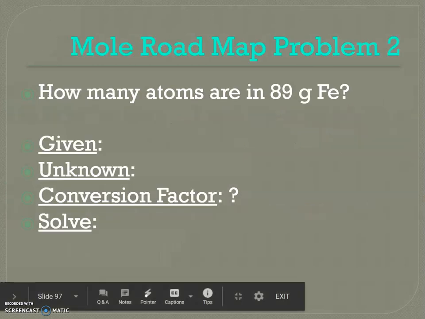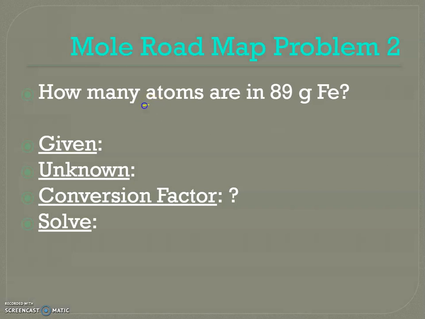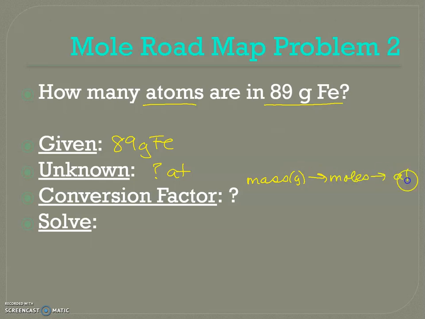Okay, a second problem here. Let's see if we're good with this. How many atoms are in 89 grams of iron? Okay, so we have 89 grams of iron, and we want to know how many atoms that's going to be. So we have to get from mass, grams, to moles, and then from moles to atoms.